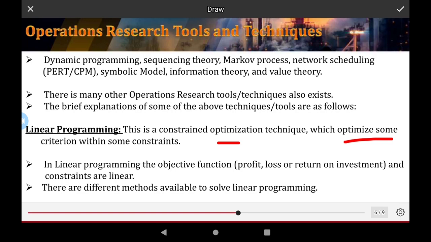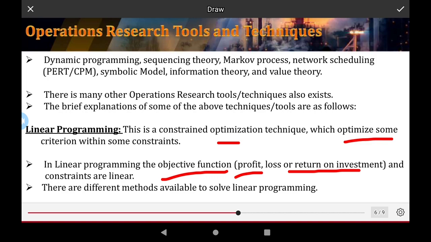Other objective functions are used in linear programming. Objective functions are in terms of profit, loss and investment, and return on investment. The constraints are linear, and the linear constraints are considered to provide solutions.